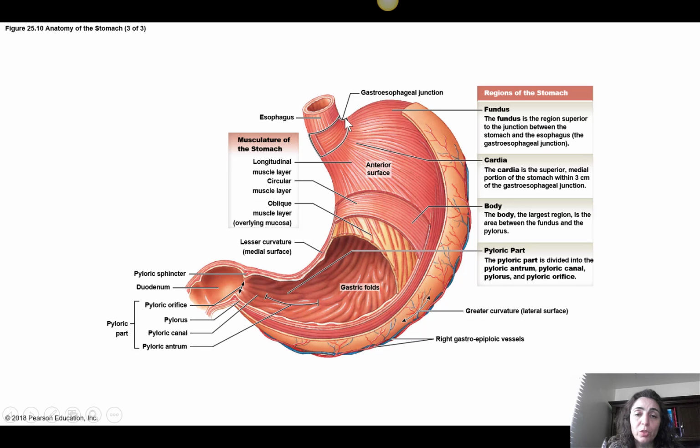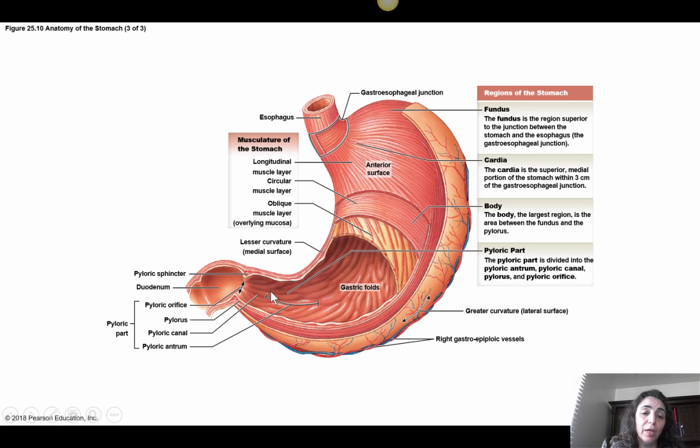Then if you put a horizontal line here, any part of the stomach that is above that is called fundus. Then after this line upward and downward, this is called the body as the main part of the stomach. Then from here is called the pyloric part. Pyloric part, the first part is this triangle that we call antrum.